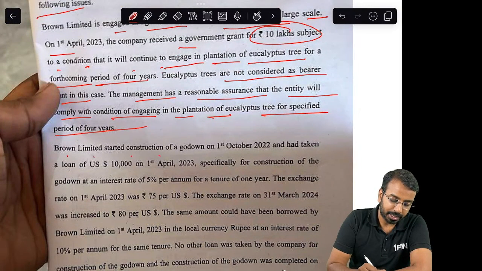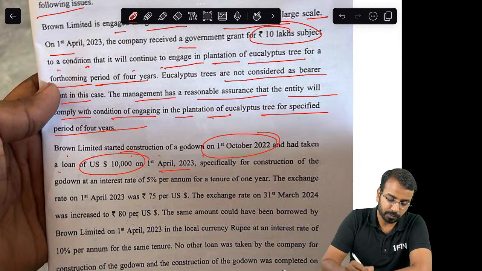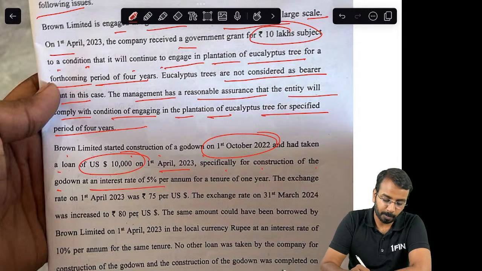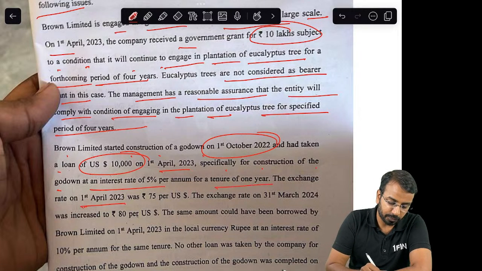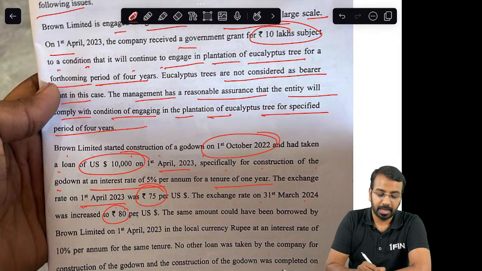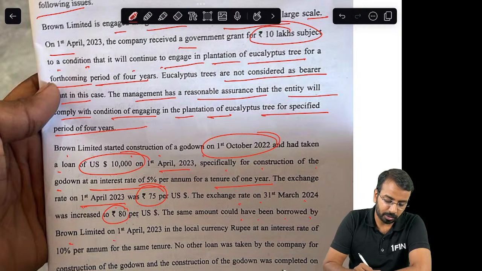Brown Limited started construction of a godown on 1st of October, taken a loan of $10,000 on 1st of April, specifically for the construction of the godown at an interest of 5%, tenure of 1 year. Exchange rate on 1st April was 75, exchange rate on 31st March is 80. The same amount could have been borrowed by Brown Limited in local currency at an interest rate of 10%.